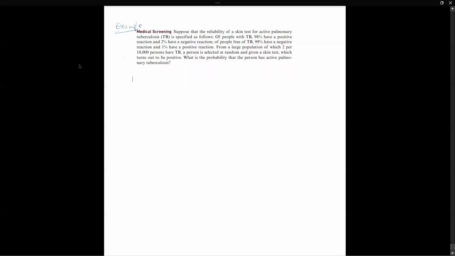All right, so if we want to graph this example here, suppose that we have the reliability of a skin test for active pulmonary tuberculosis, TB, all right.